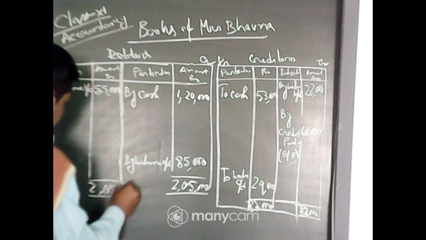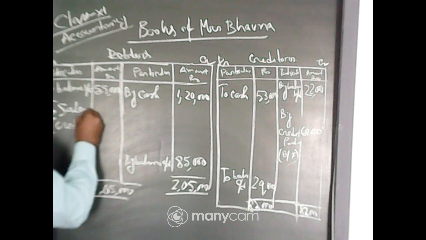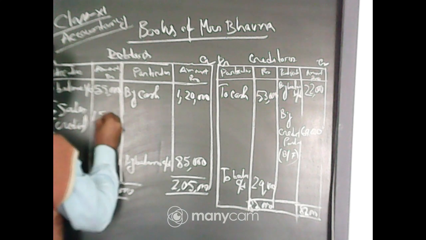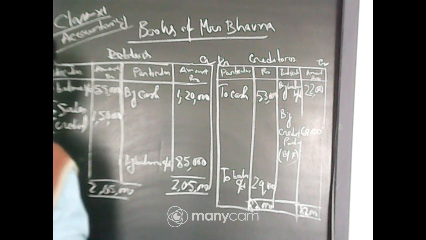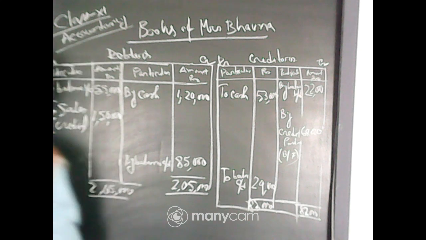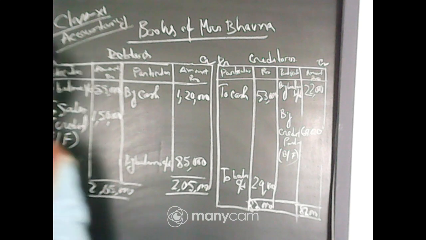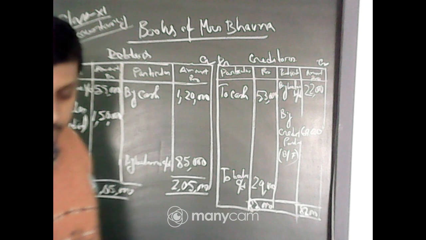So what is the balancing figure? That will be the credit sales, To Sales (credit), and what is the amount? That is 1,50,000. 1,50,000 is the credit sale, and the question has already given that all sales and purchases are on credit. There is no cash sale or cash purchase. That is also a balancing figure. Okay. So here we have got the credit sales and the credit purchase.